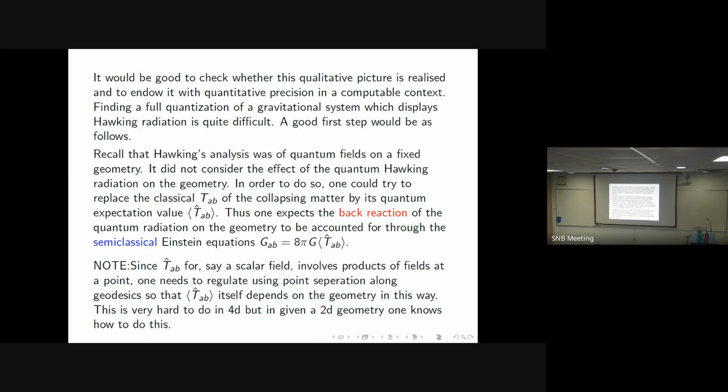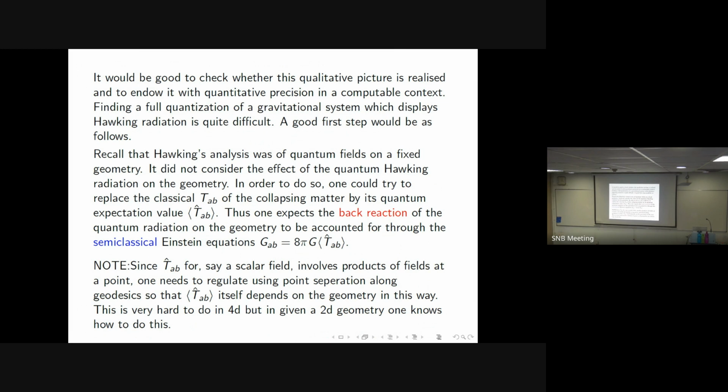Now, finding a full quantization even of a gravitational system or a model which displays Hawking radiation is quite difficult, because technically you need a black hole, you need Hawking radiation, etc. But a good first step would be as follows. As I said, Hawking's analysis was of quantum fields on a fixed geometry. It did not consider the effect of quantum Hawking radiation on the geometry.